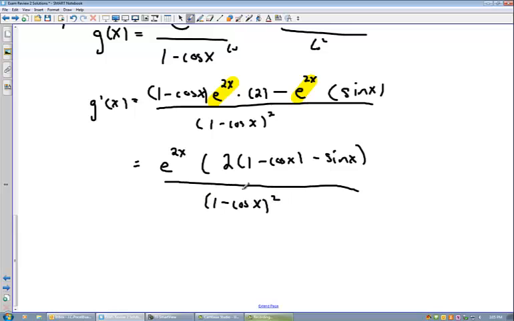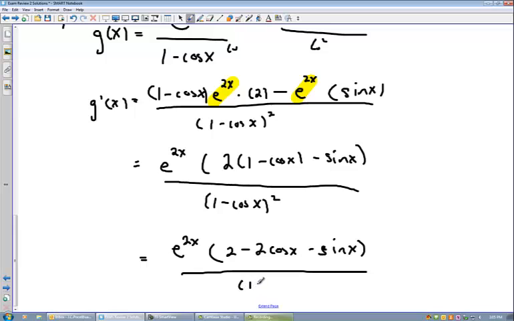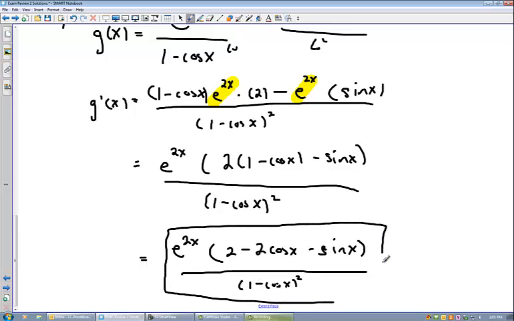Now you can leave it like this. I guess maybe I would just write this as e to the 2x all times 2, just multiply through by that, 2 cosine of x minus sine x. And then, of course, all divided by that low squared, so 1 minus cosine of x, quantity squared. So I guess that would probably be my final answer.